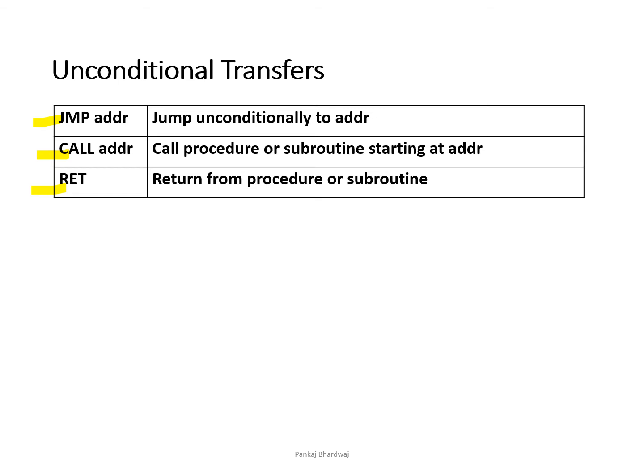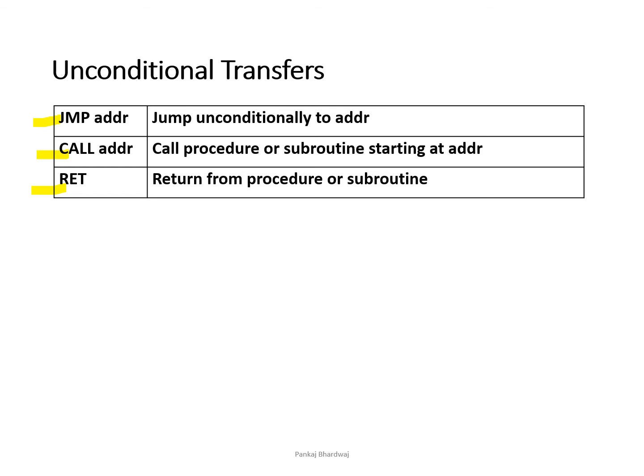Call takes the starting address of a subroutine. If we want to go to a subprogram, a subroutine within the main program, then we can use call. And to get back to the original main program, we need to use the return. It is basically the return procedure from the subroutine.